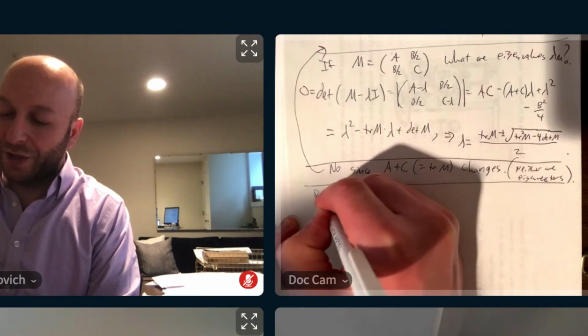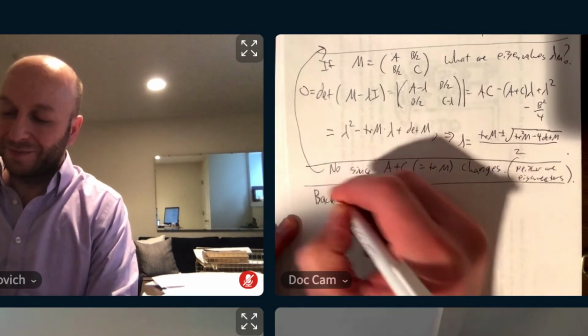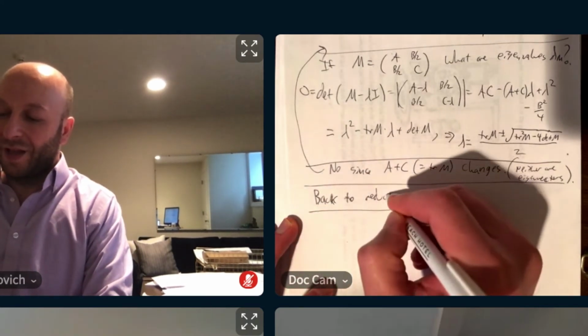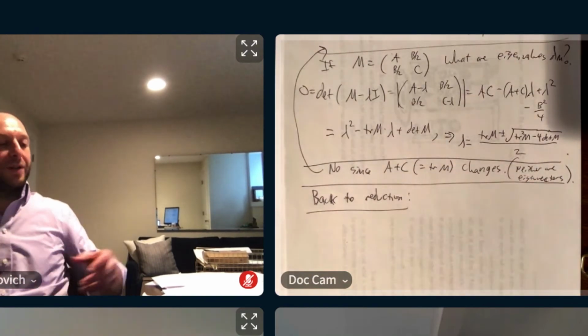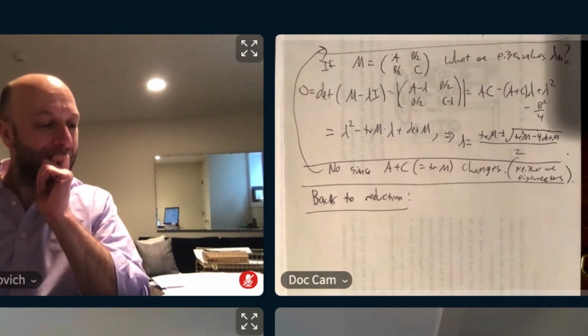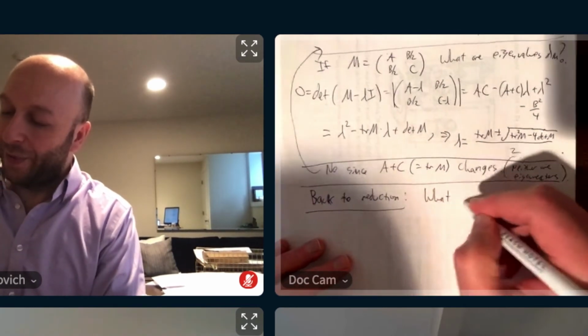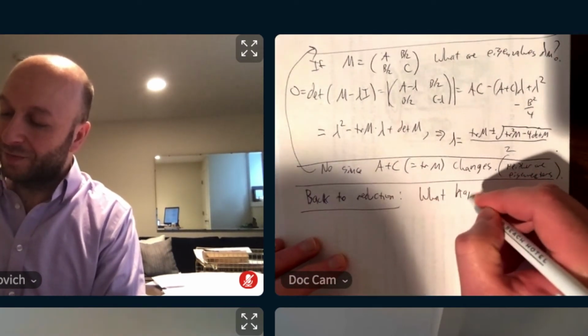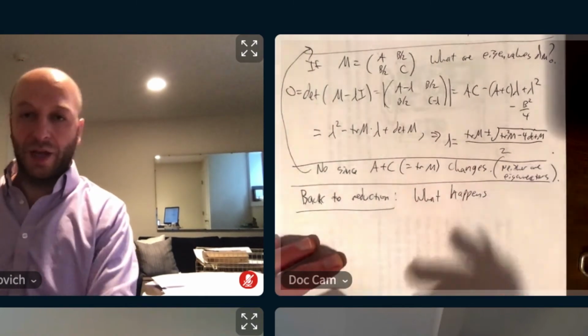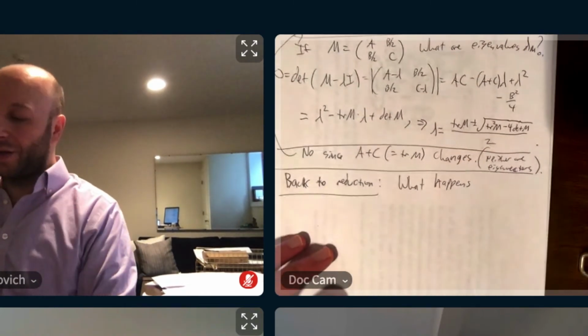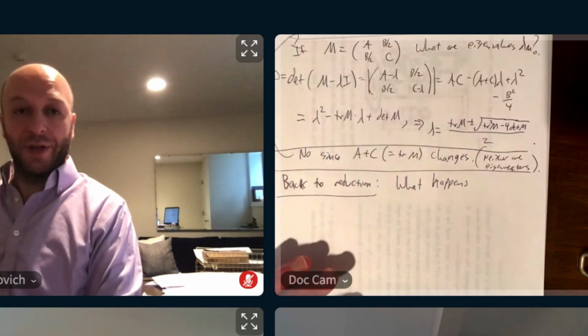Can we understand what happens to these roots? Let's say we have a negative discriminant, a definite form.